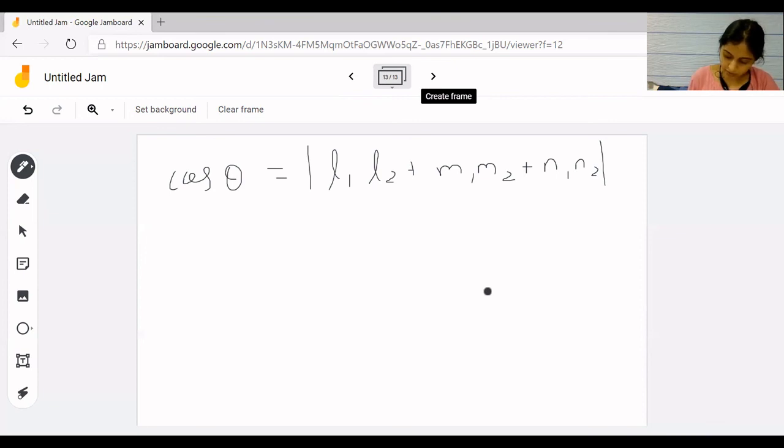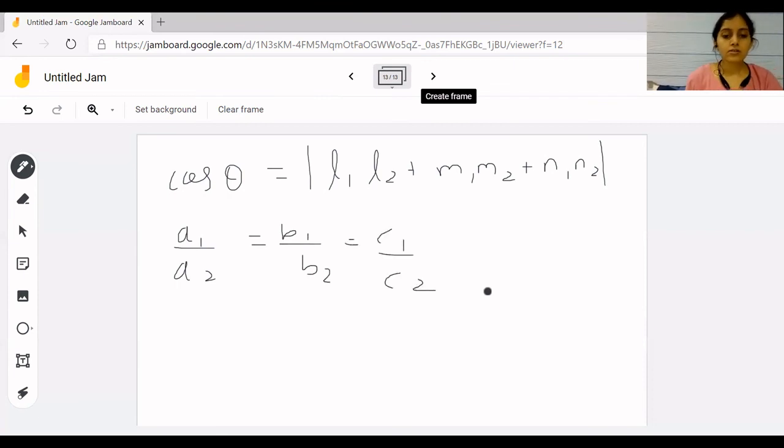Now if A1, B1, C1 and A2, B2, C2 are the direction ratios of these lines, then the above condition takes the form A1 upon A2 is equal to B1 upon B2 is equal to C1 upon C2. So these are the ratios of the direction ratios of the lines given to us. That is, the direction ratios are proportional if the lines are parallel.